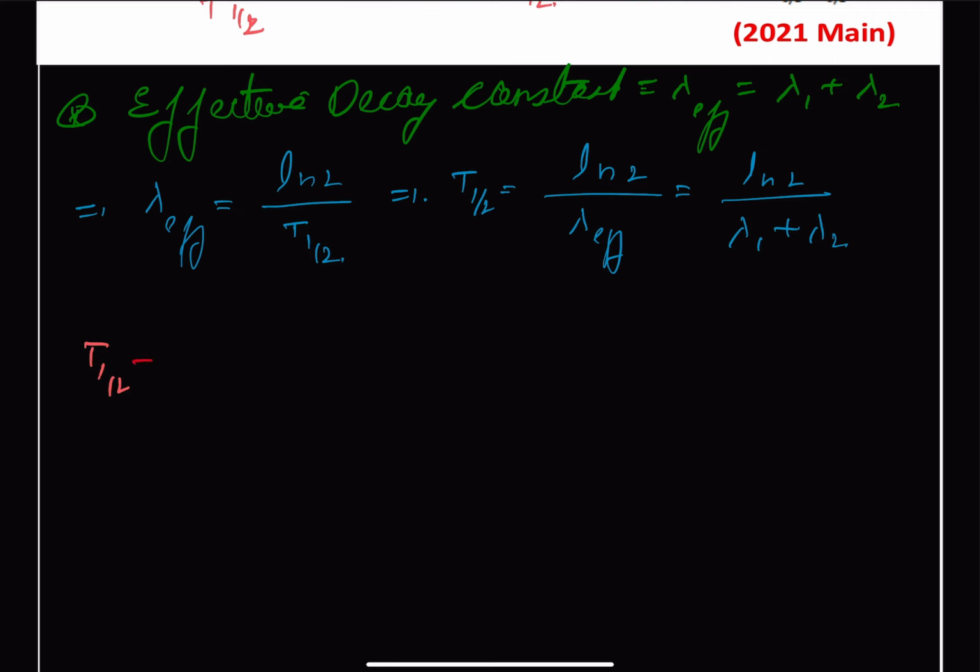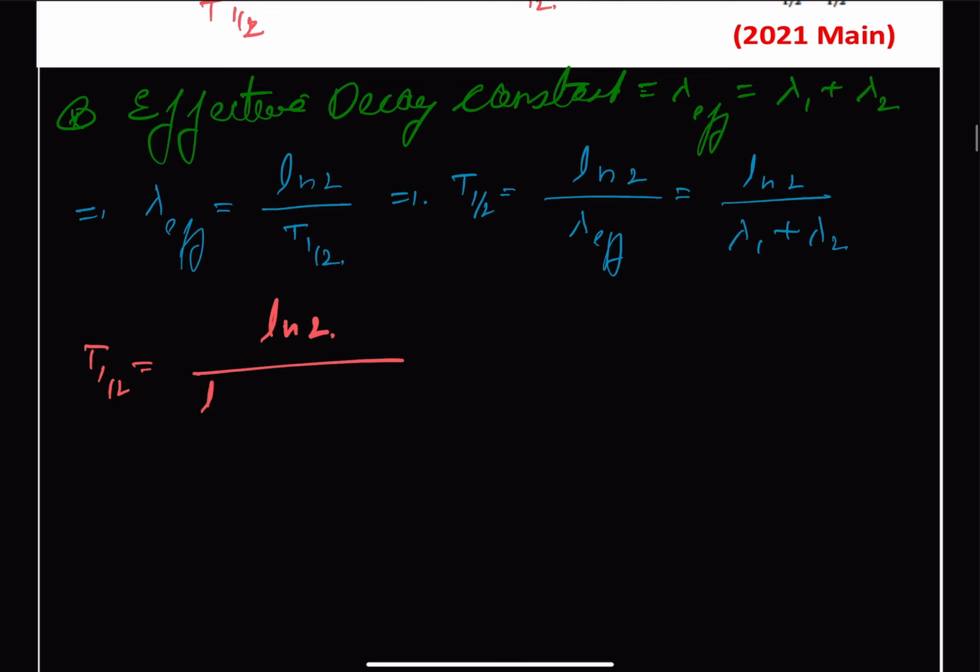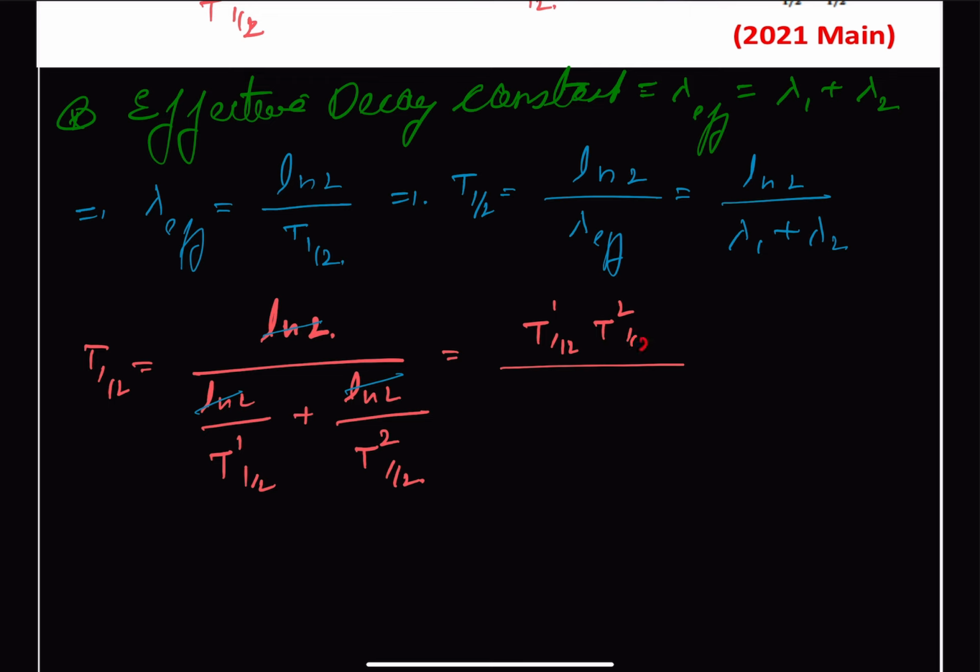T half will be equal to natural log of 2 divided by natural log of 2 over T1 half plus natural log of 2 over T2 half. The natural log cancels out throughout, and taking the LCM, this gives us first half times second half divided by first half plus second half.